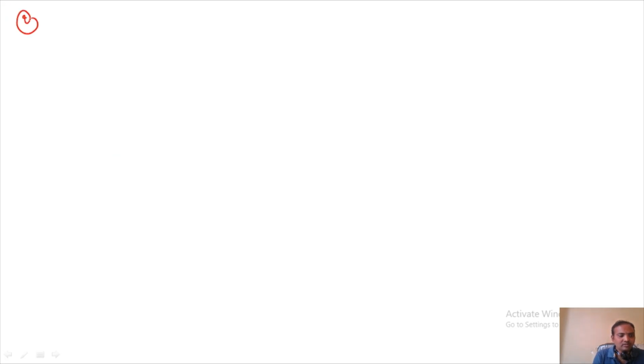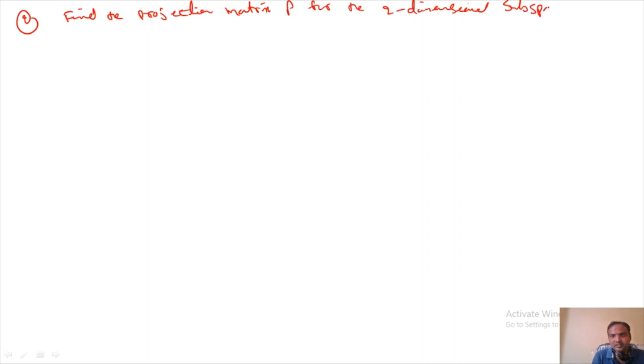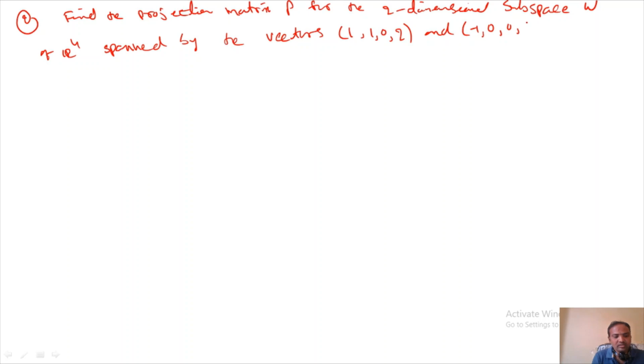Example 2. Find the projection matrix P for the two-dimensional subspace W of R4 spanned by the vectors 1 1 0 2 and minus 1 0 0 1.